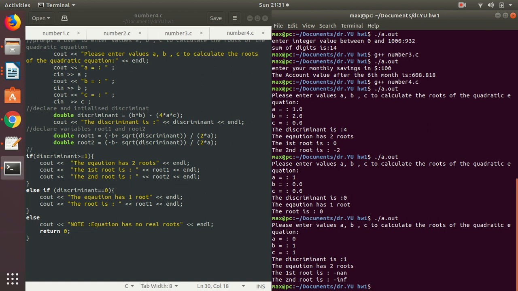So the discriminant is 1. The equation has 2 roots. You remember, if the discriminant is greater or equal to 1, so now the discriminant is 1.